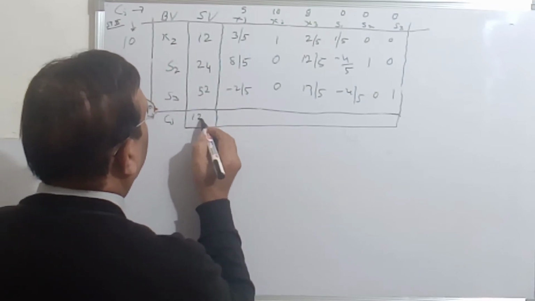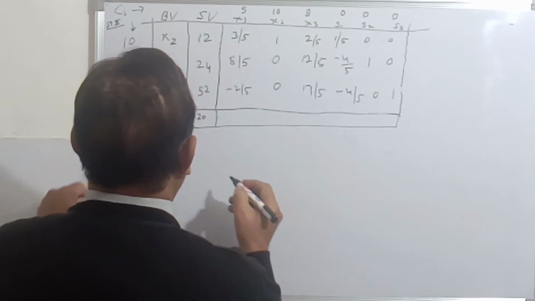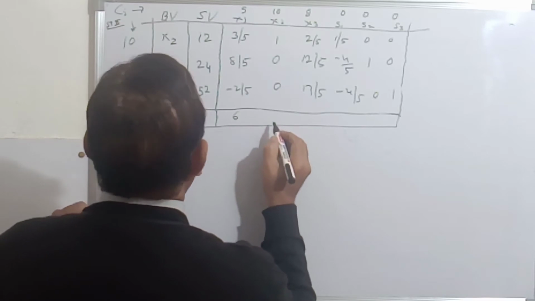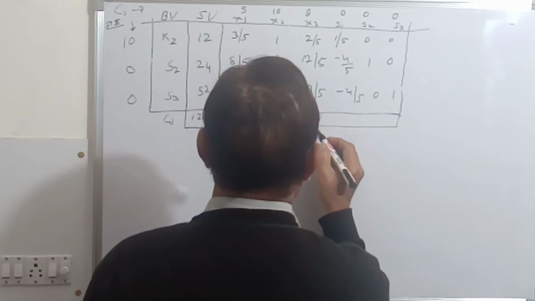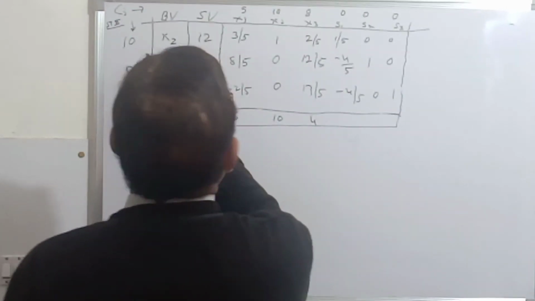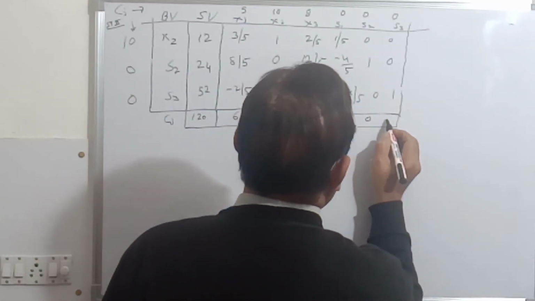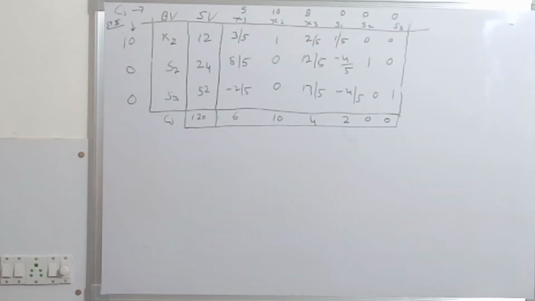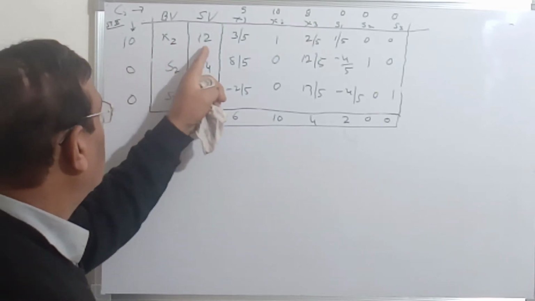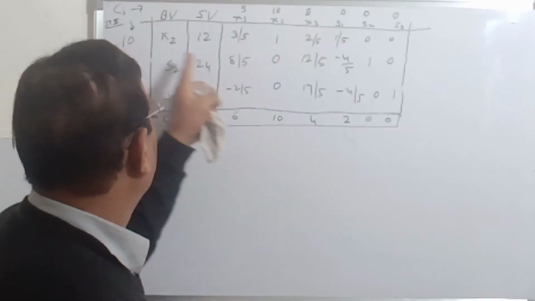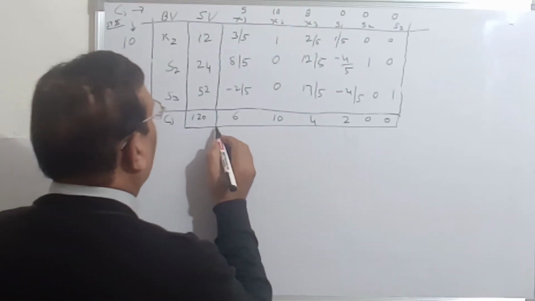So 120 here, 10 into 30 divided by 5, 6, 10, here it is 24, here it is 2, here it is 0, here it is 0. Same technique. So easy to calculate.